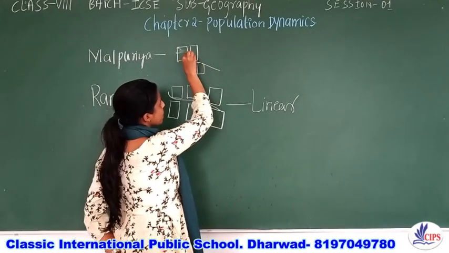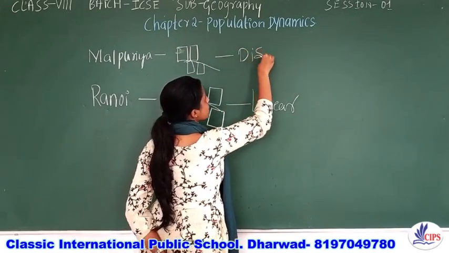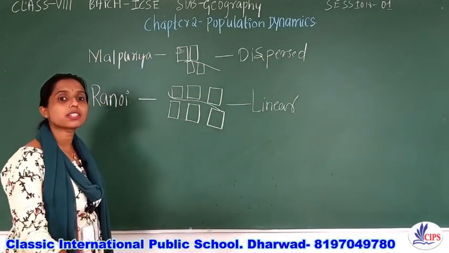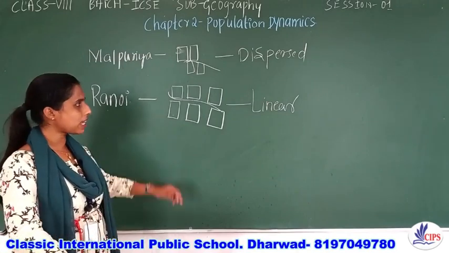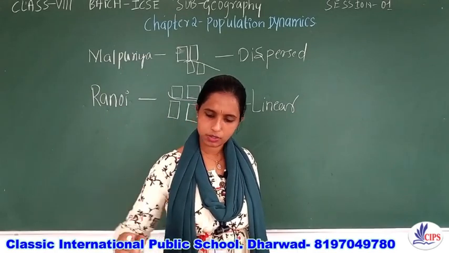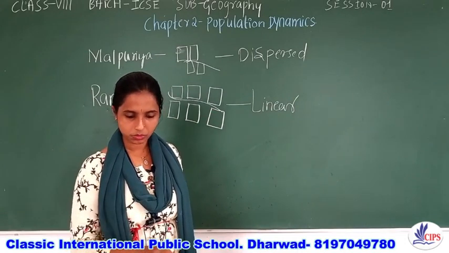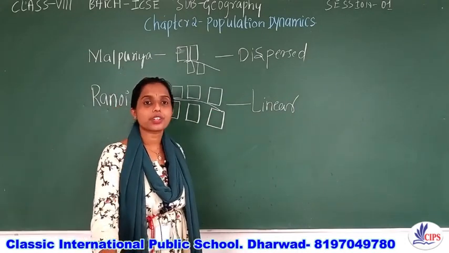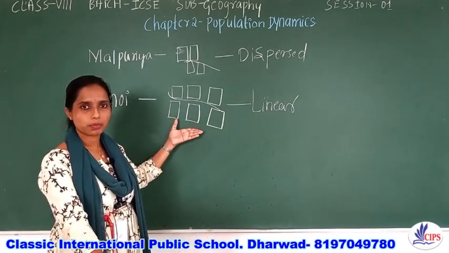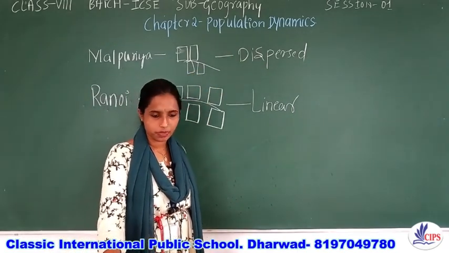That means settlements are not close together also. This is dispersed settlement, but Ranoi has linear settlement. So what is the answer? How is village Malpuria different from village Ranoi? In village Ranoi we have linear settlement, but in village Malpuria the settlement is dispersed.